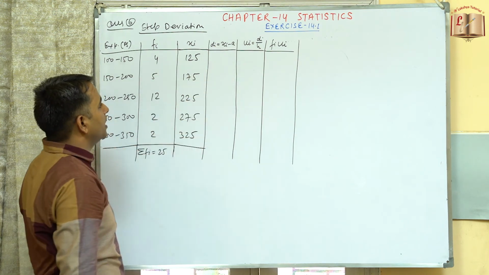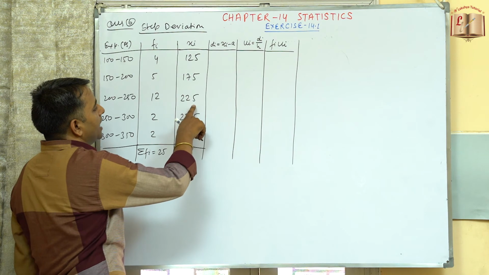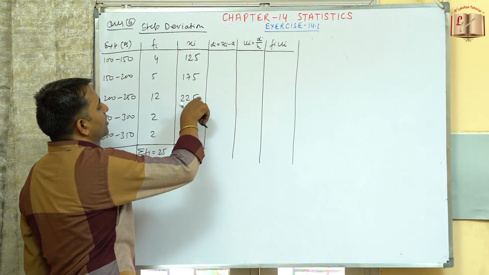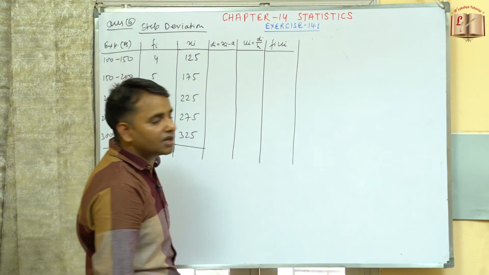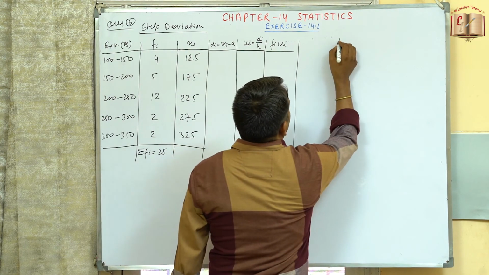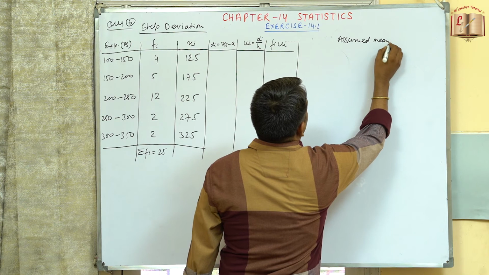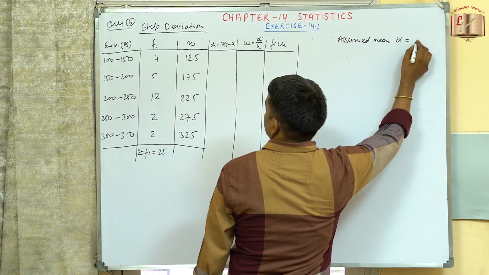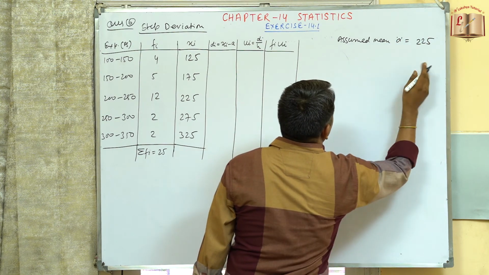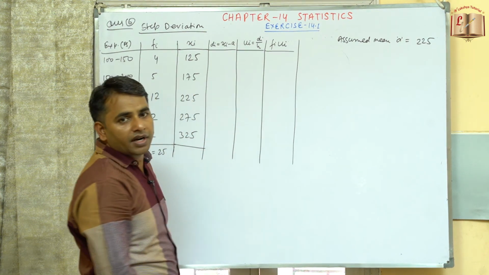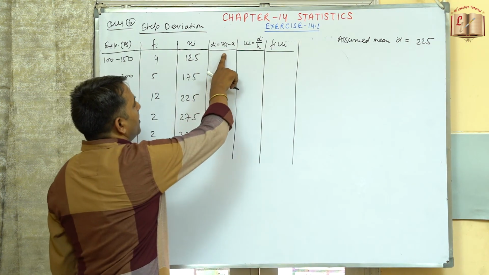Now we will need to find out di. For di, let us take x now. Assumed mean will be 225 because 225 is the middle value, so we can write here assumed mean or a is equals to 225. Now we can find out the di. Di will be xi minus a.